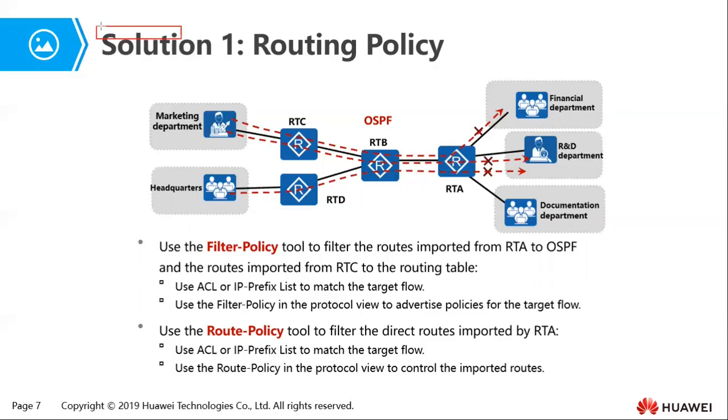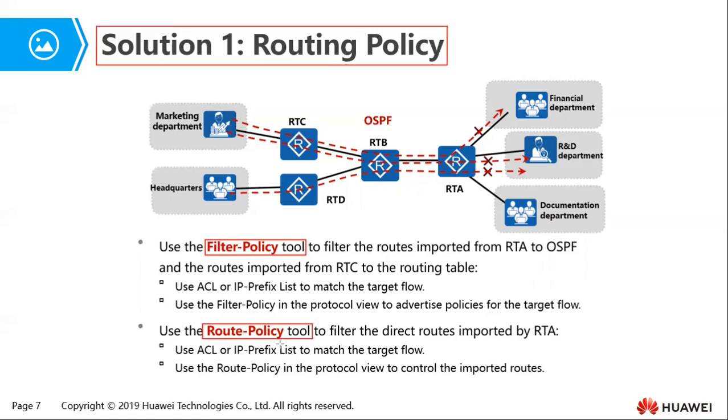So the first solution to control reachability is route policy. So we've seen that we can do a filter policy tool to filter the routes that are imported. So route policy has a filter policy tool and a route policy tool. The filter policy tool is used to filter the routes imported from RTA into the OSPF.